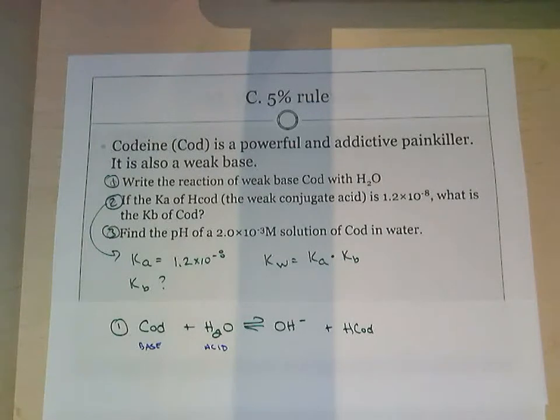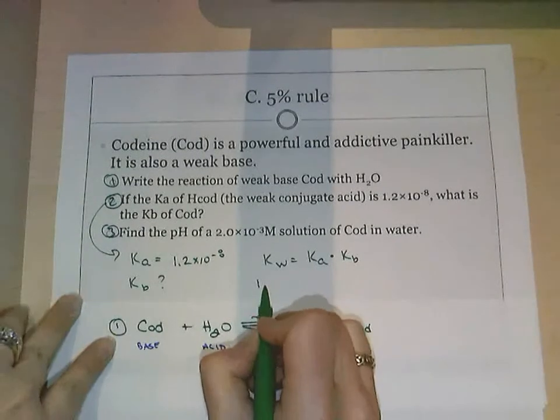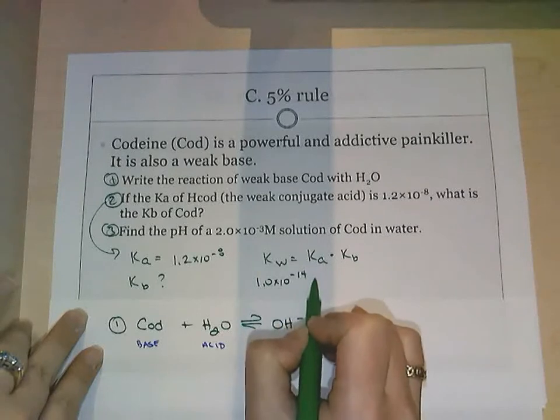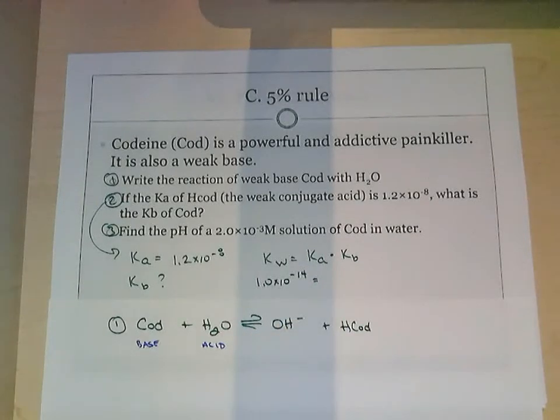Okay, what is the exponent on the Kw? We know for sure it's negative 14. What is negative 7? That is hydroniums and hydroxides in water, like neutral plain water. So the Kw comes from the fact that the concentration of hydroxide and the concentration of hydronium times each other are each 10 to the minus 7. Okay.